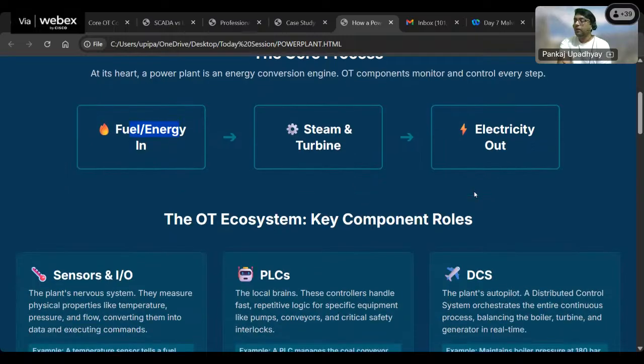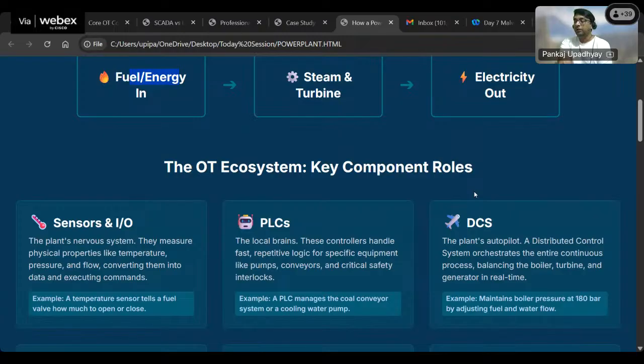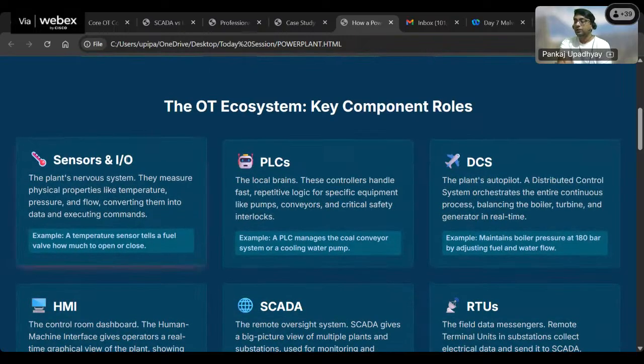Then for OT, the key component roles come into the picture: sensors and IOs. They measure the physical properties like temperature, pressure, and flow, converting them into data and executing commands. So a temperature sensor tells the fuel valve how much to open or close.